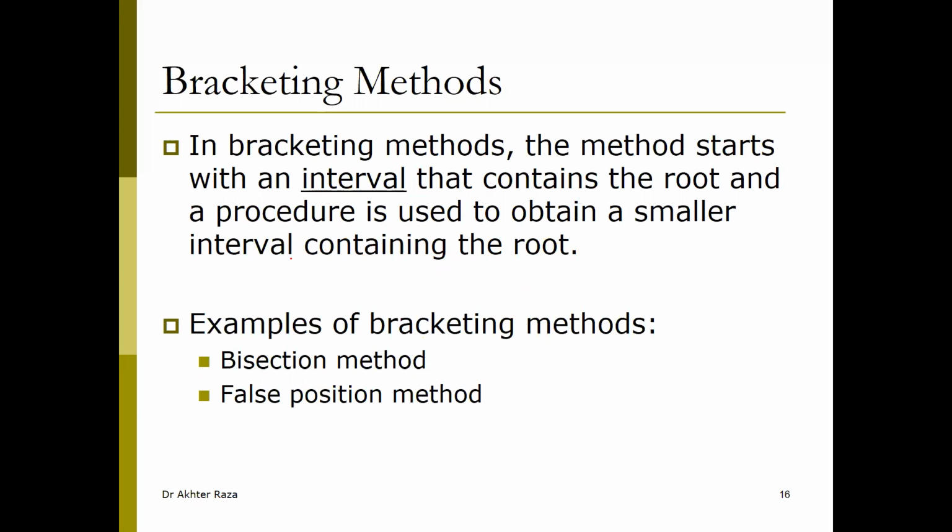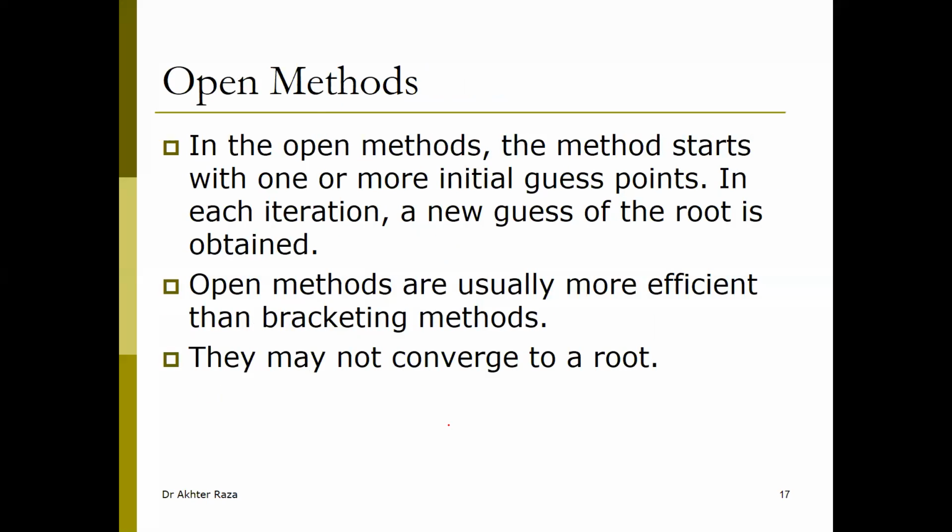There is a criterion to check this. There is a possibility that the interval we suggest will not contain the root. If the root is not there, then we have to select another interval. Bisection method and false position method are the two bracketing methods, but the first one will be considered in this presentation.